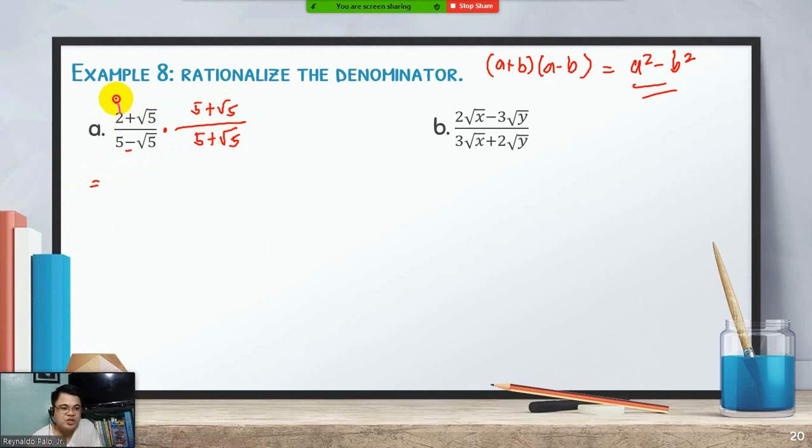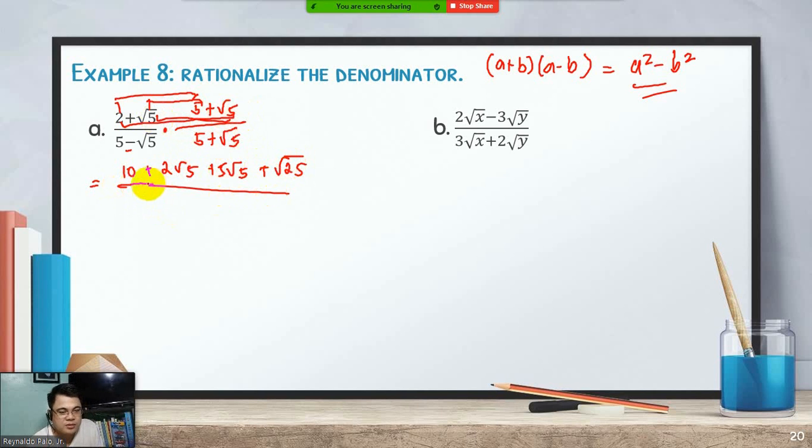So let's have first the numerator, apply the FOIL method. 2 times 5 is 10. Outer terms, 2 times square root of 5 is 2 square root of 5. Inner terms, square root of 5 times 5 is 5 square root of 5. Last terms, square root of 5 times square root of 5 is square root of 25. Over, sum and difference rule, square the first term, 5 squared minus square root of 5 squared.